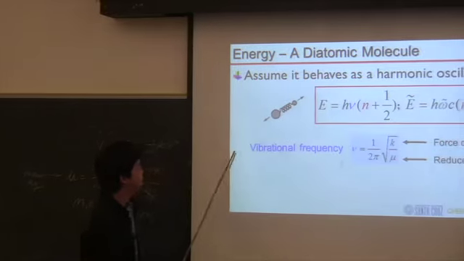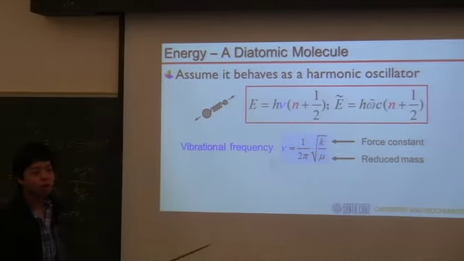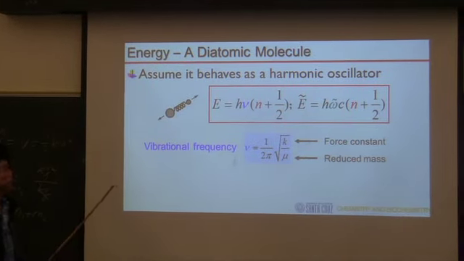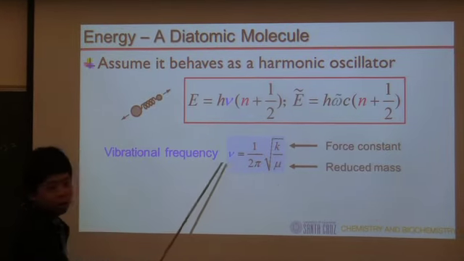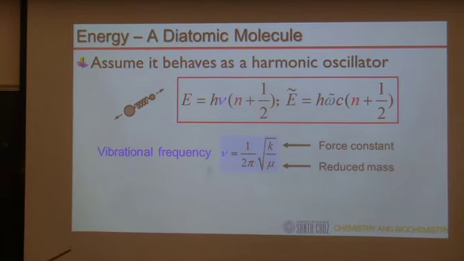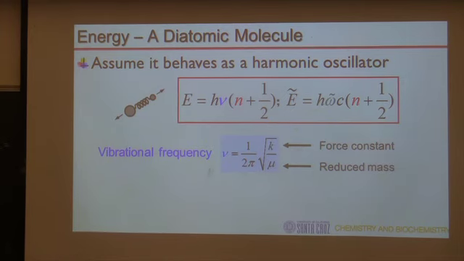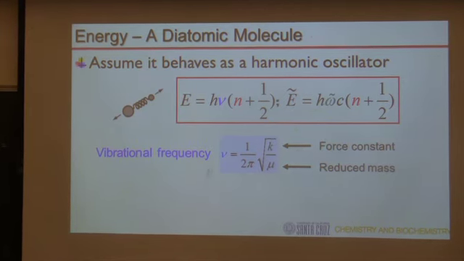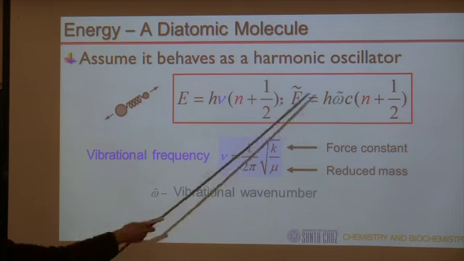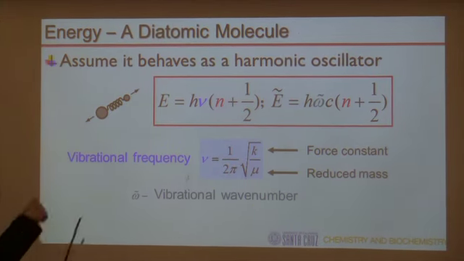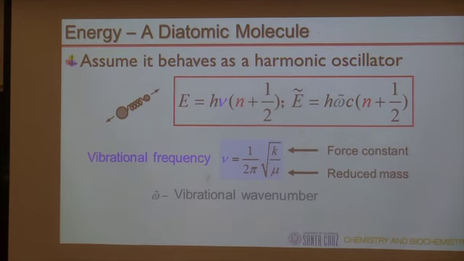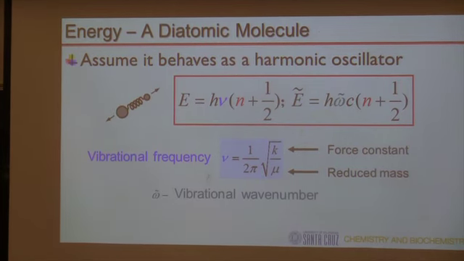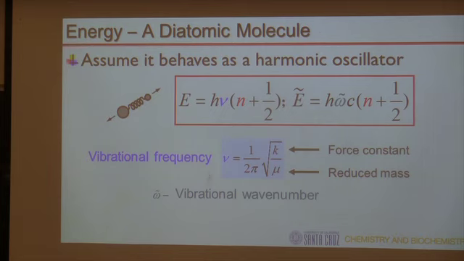Based on the vibrational frequency, or later we'll say based on vibrational spectroscopy, it can tell you the force constant of the molecule. That's a major application of vibrational spectroscopy. This omega with the tilde means the vibrational wave number, so you convert the frequency to wave number. You still remember how to convert frequency to wave number?